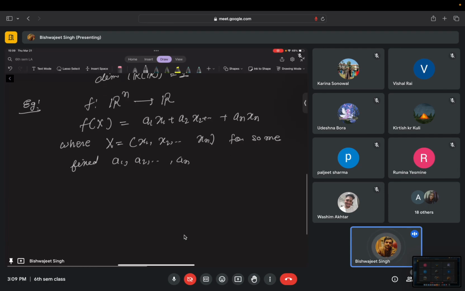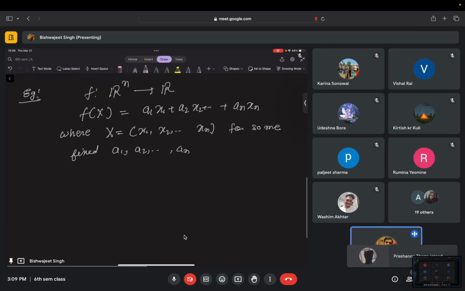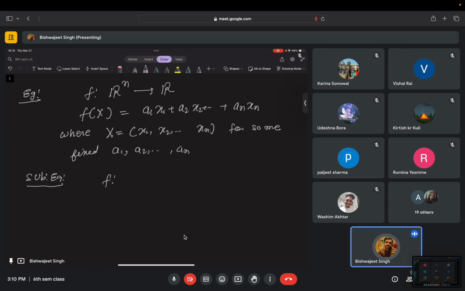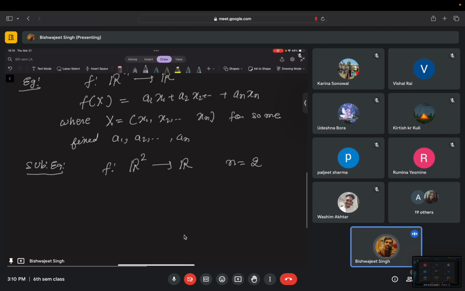So for a better understanding, we can take a sub-example. Let's say that I have a function from R2 to R. So here n is equal to 2. Now any vector in R2 looks like x1 comma x2, right?